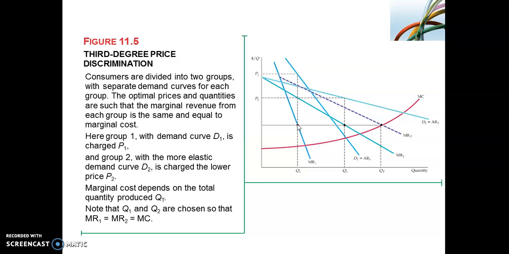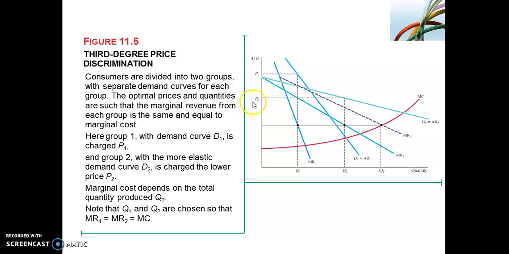And now we can see what the prices would be. So for this output Q1, we can see that group 1 with the demand curve D1 is going to be charged the price of P1. And then group 2 would get this output Q2, and with its demand curve D2 is charged a price P2 on this more elastic demand curve.